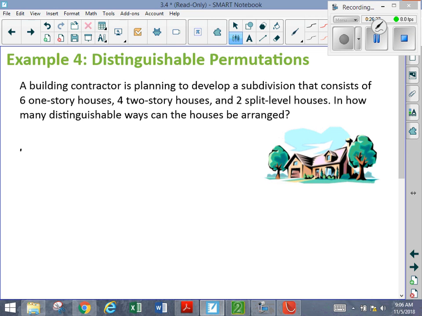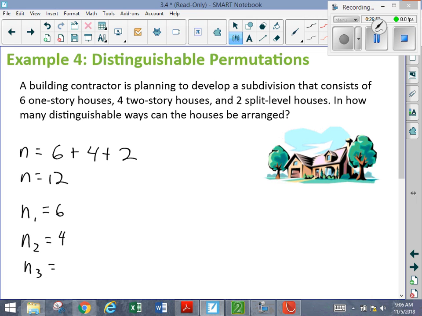So in this case, n is equal to the 6 one-story plus the 4 two-story plus the 2 split level, which means that n is 12. We'll call n sub 1 our one-story houses, so that's 6. n sub 2 will be our two-story houses, or 4. And n sub 3 is our split level houses, or 2.